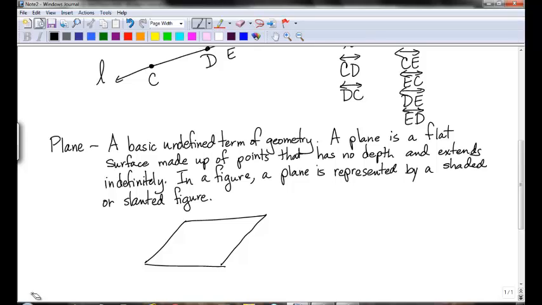Even though we draw it this way, you have to visualize it as extending out in all directions. The floor would be a plane. The ceiling's a plane. This wall's a plane. My desktop's a plane. Your desktop's a plane. But the only way we can draw it is like this. And usually they're maybe shading it so it looks a different color in your book. Now, label in there points.